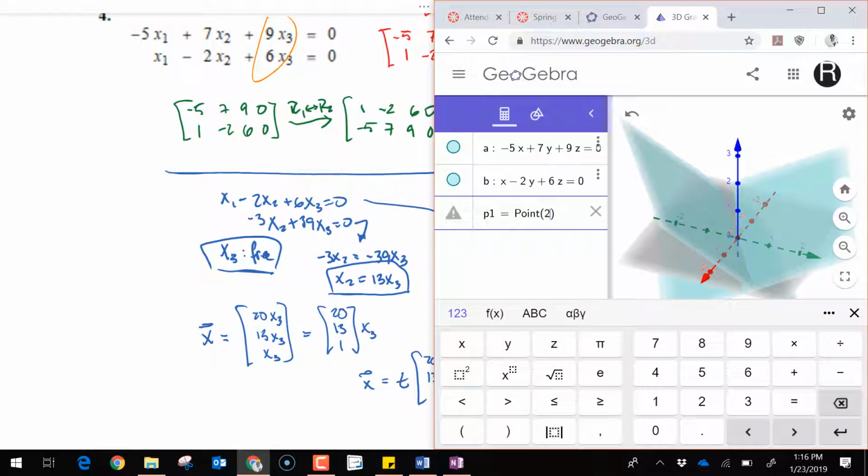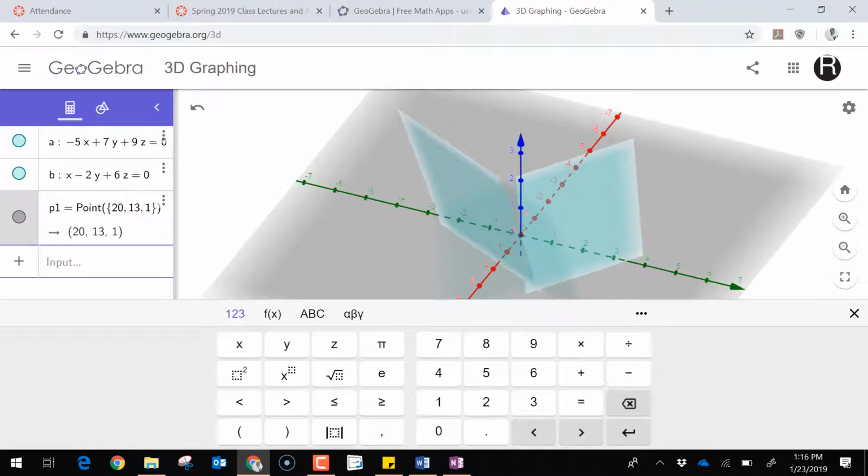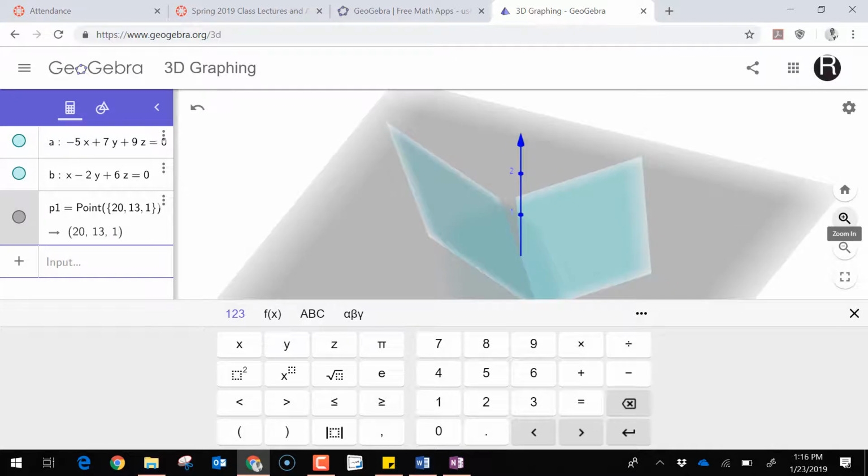I think I had this issue. Was it in this class? Twenty, 13, and 1. Did it work? I don't know. Where is it? Oh, this only goes up to 7, negative 7. So we need to do some zooming out here.